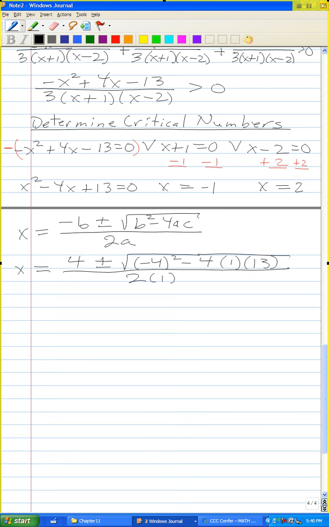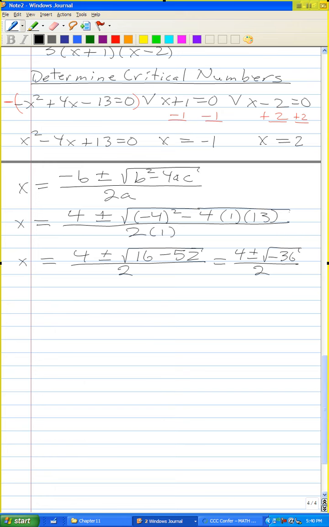And so I have here x equals 4 plus or minus the square root of -4 squared is 16, 4 times 13 is 52, all over 2 times 1 is 2. And so I have 16 minus 52 is -36.